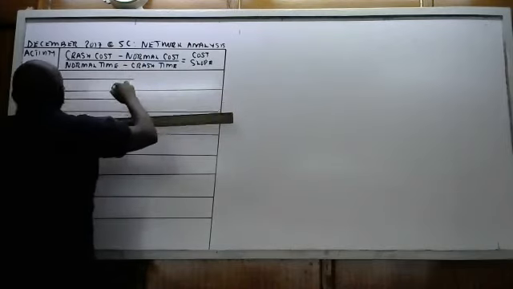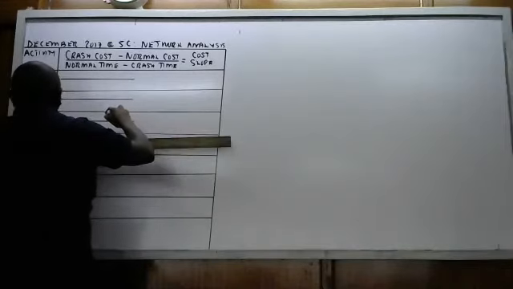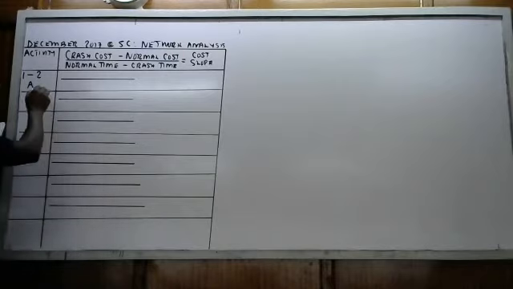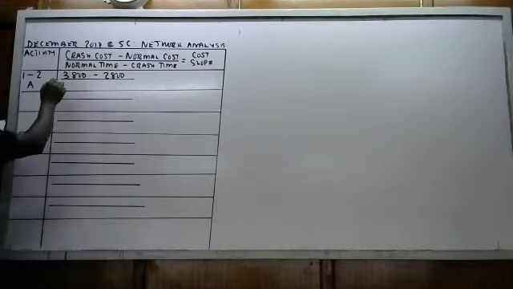So we start with activity 1 to 2, which I will call A. If the figures are in thousands, I will take 3,800 minus 2,800. The normal time is 6 minus 4.